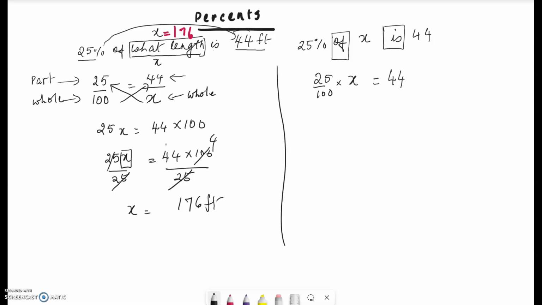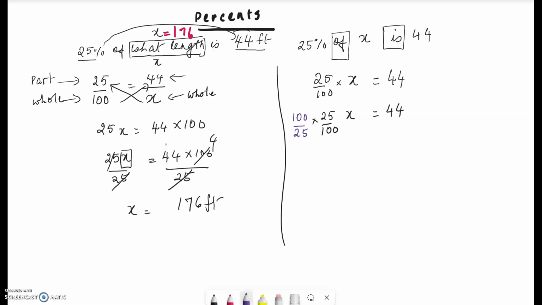So one way of solving this would be to multiply both sides with the reciprocal of 25 over 100. So that's 100 over 25 times 25 over 100 x is equal to 44.